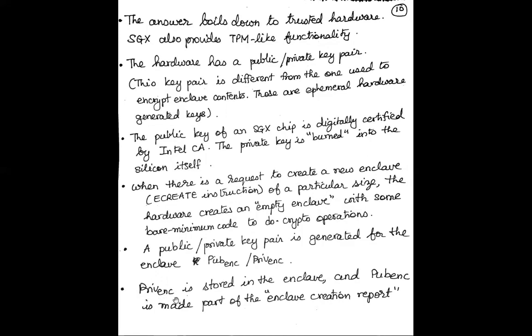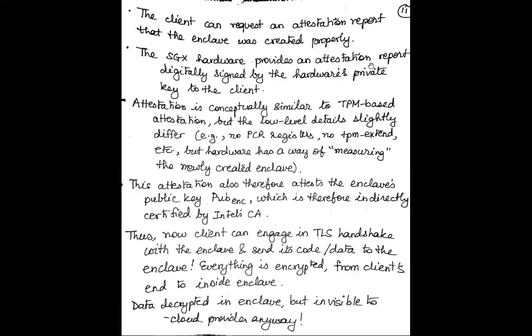The hardware's private key is different from this Prevenc. This Prevenc is a private key that is provisioned within the enclave, so it's stored in software. Whereas this digital signature is signed by the hardware's key that's burned into the hardware.